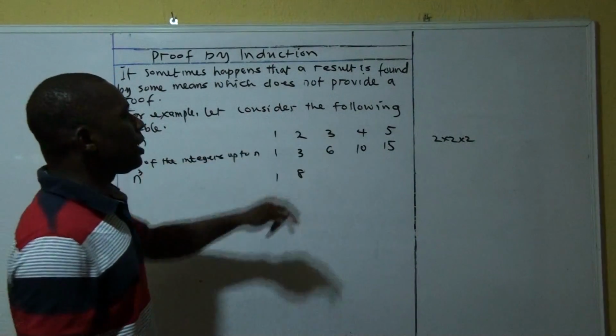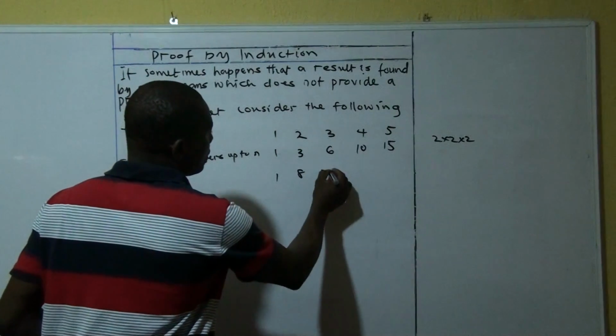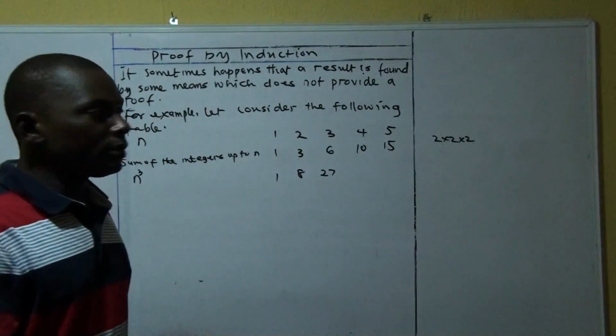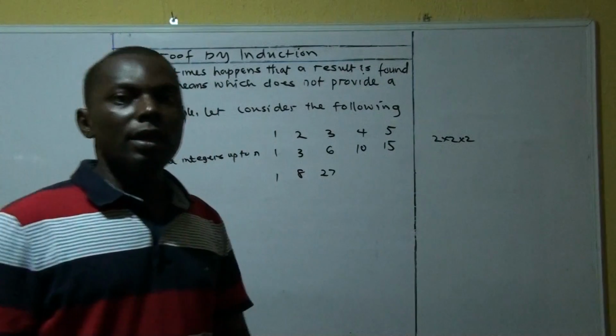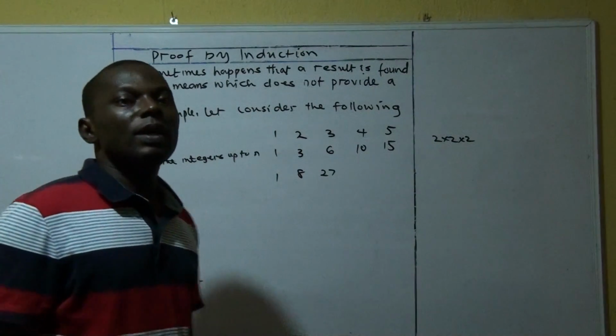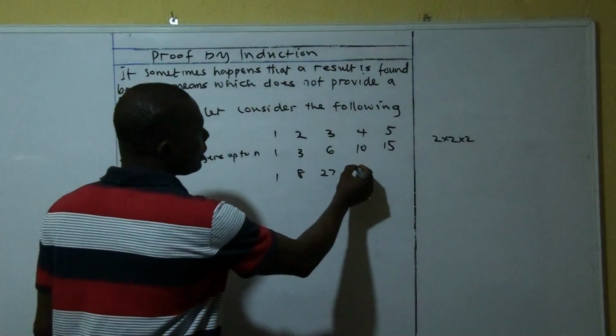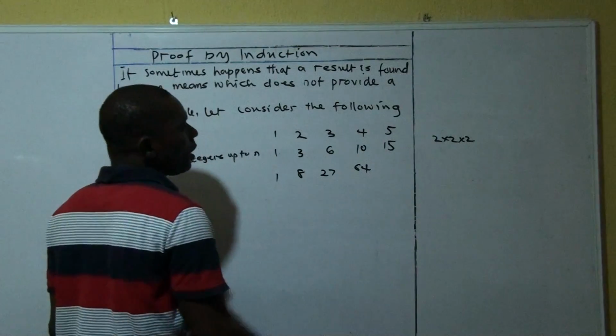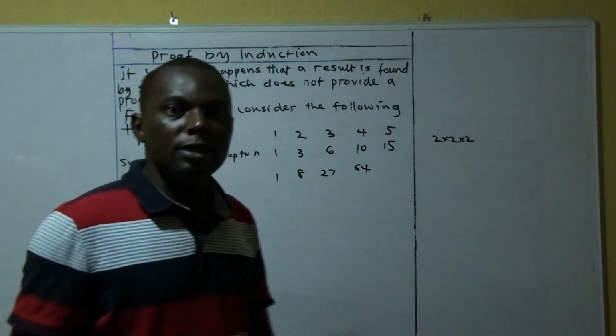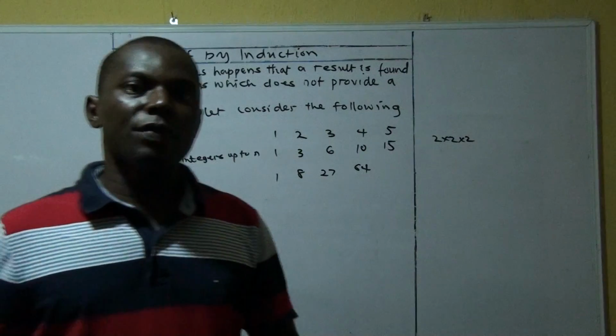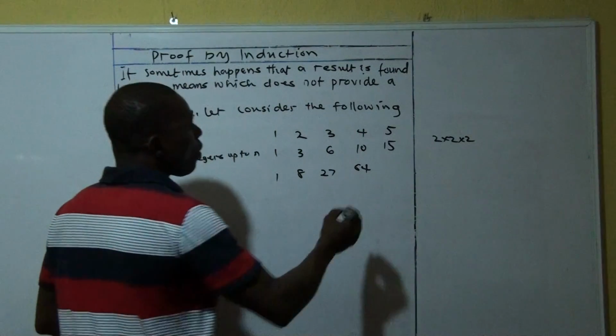Now 3 raised to power 3 gives 27. Then 4 raised to power 3 is 4 times 4 times 4, and that gives 64. Then 5 raised to power 3 simply means 5 times 5 times 5, and that gives 125.